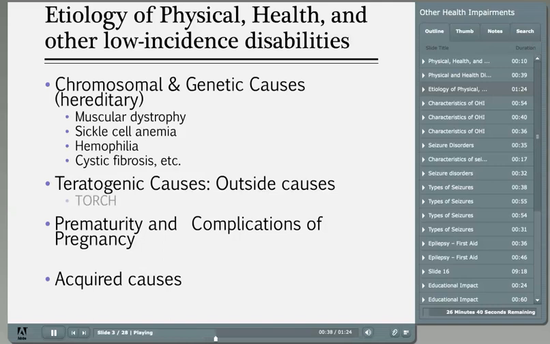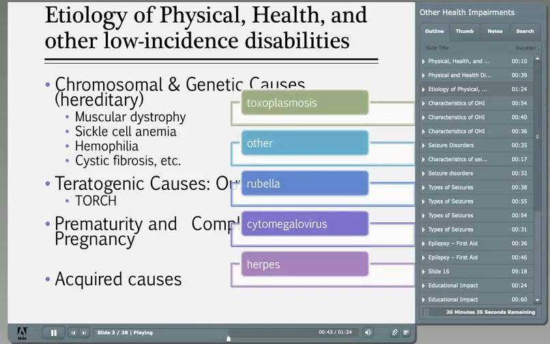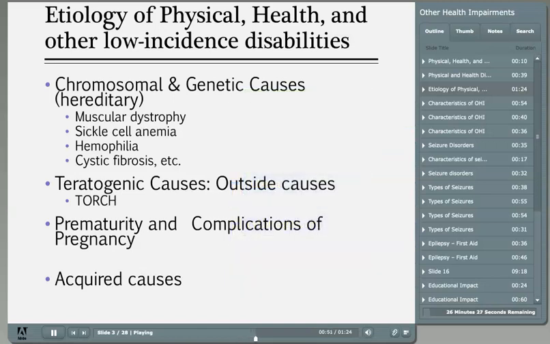Prenatal infections that may result in birth defects are referred to as TORCH, or toxoplasmosis, other, rubella, cytomegalovirus, and herpes. Effects of any of the infections can vary from none to severe disability or death.